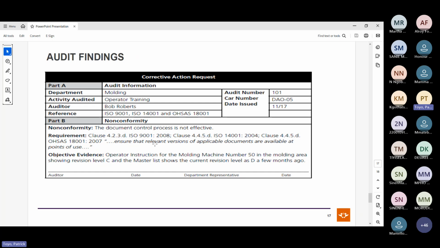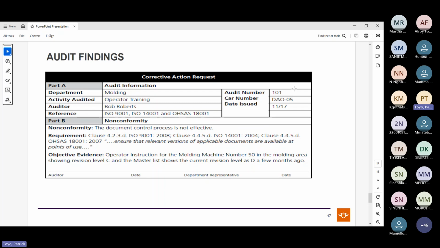Okay, so this is a typical report, part of the report where you've written where you audited. This was the molding department, and they audited the operator training, and the auditor was Karabo, and he was auditing based on these standards.